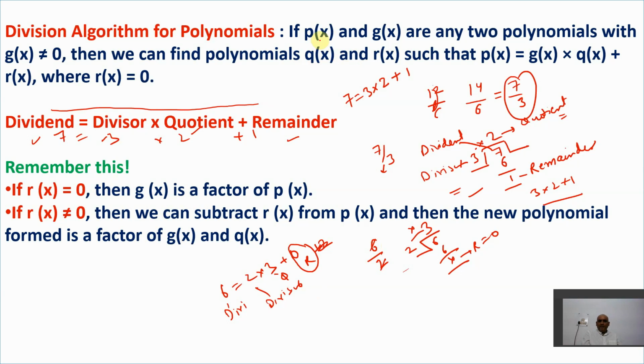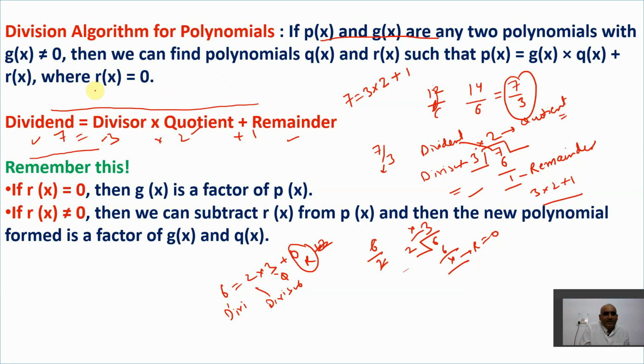Here, if px and gx are any two polynomials with gx not equal to 0, then we can find the polynomials qx and rx such that rx is equal to 0, and after that they have written this basic formula: dividend is equal to divisor into quotient plus remainder.